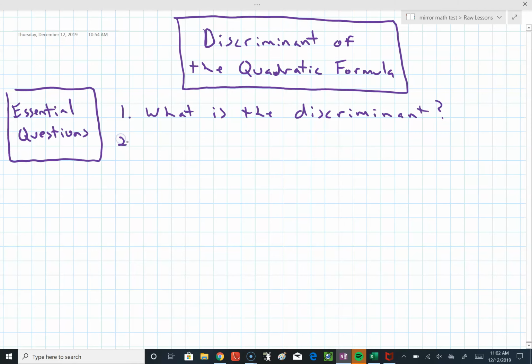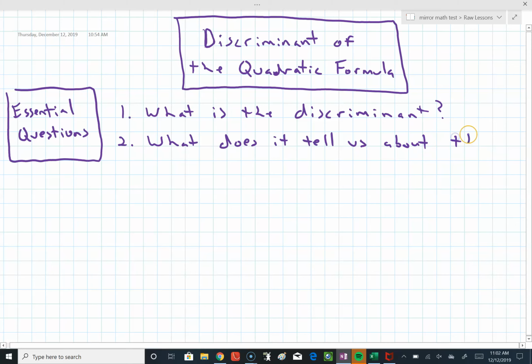Two, what does it tell us about the roots, which are also called solutions, or zeros, of a quadratic equation?